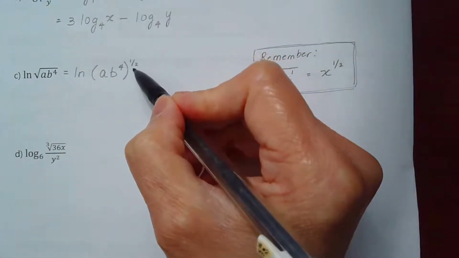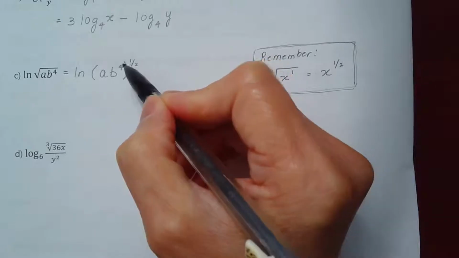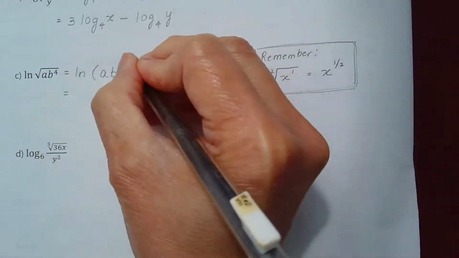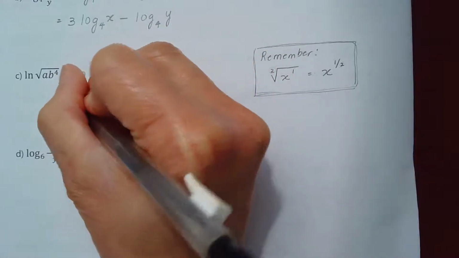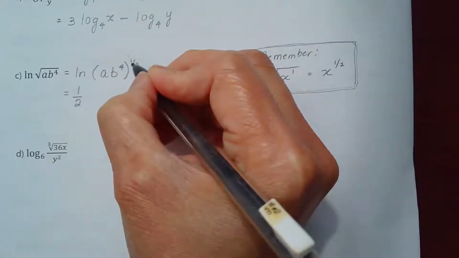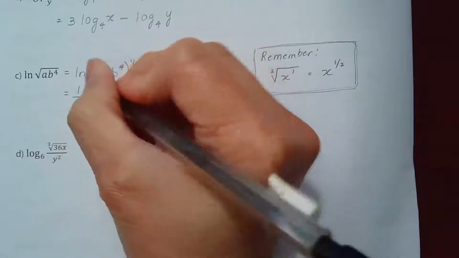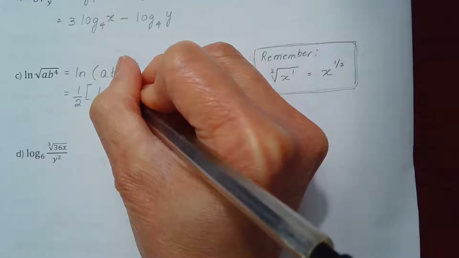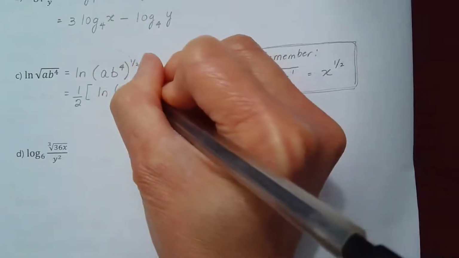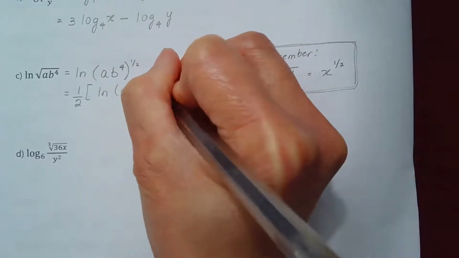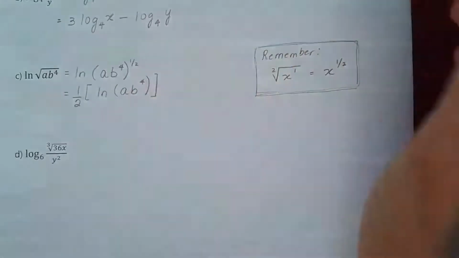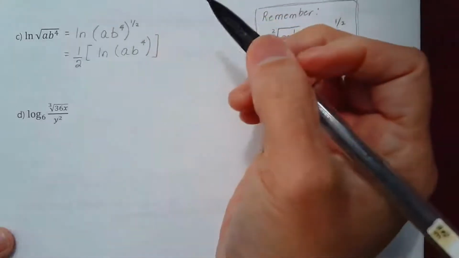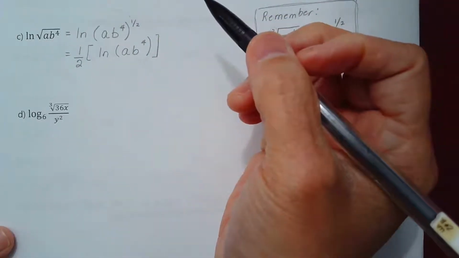Remember that this exponent of 1/2 is applied to all of these things. So if I bring that 1/2 to the front, remember that this 1/2 applies to everything there. So I go natural log, or ln, of a b to the power of 4.